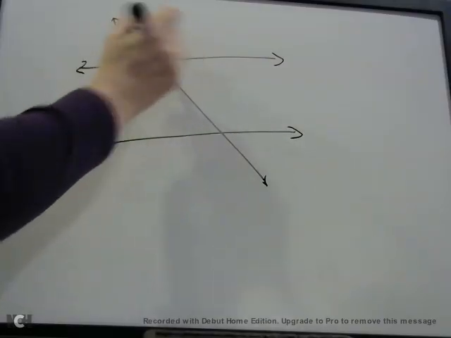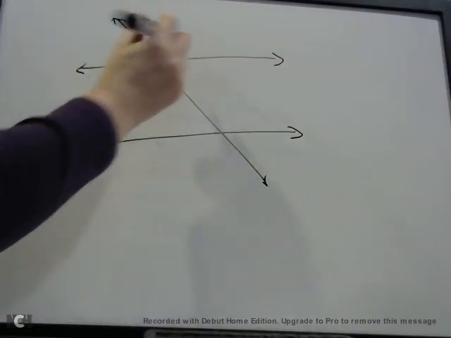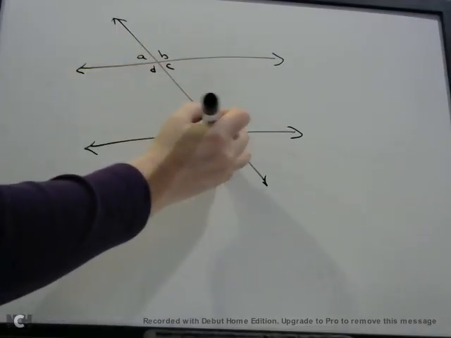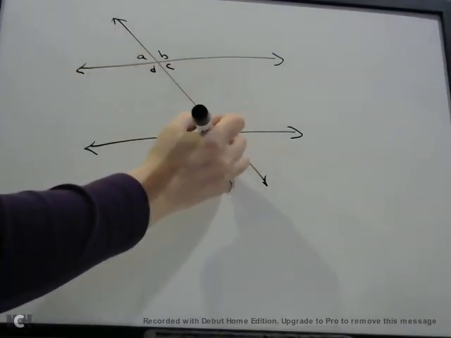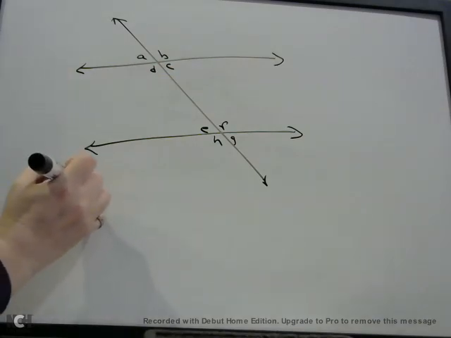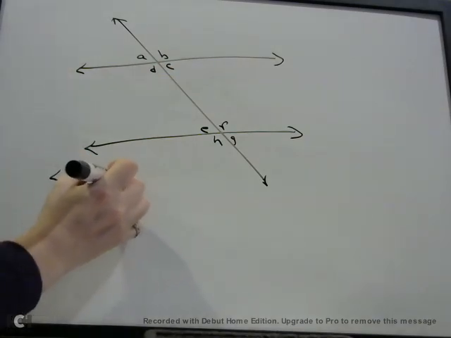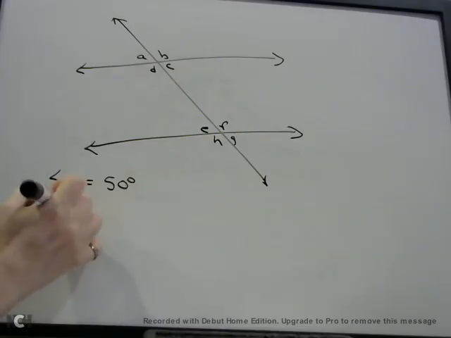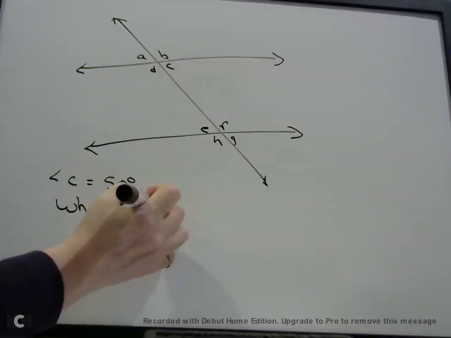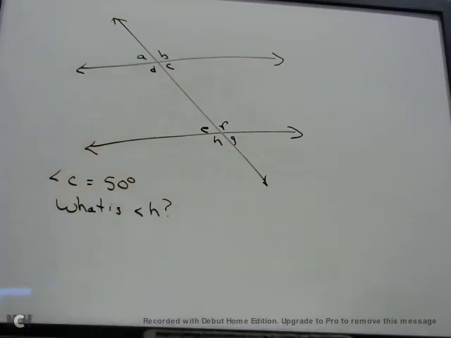They'll label the angles in some manner, like this. And they might just have the question say, angle C equals 50 degrees. What is angle H?